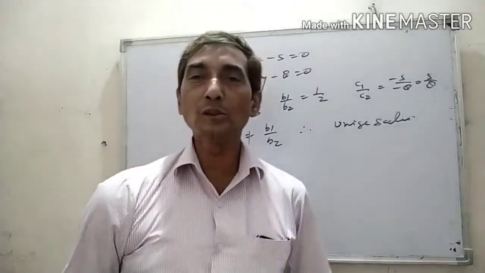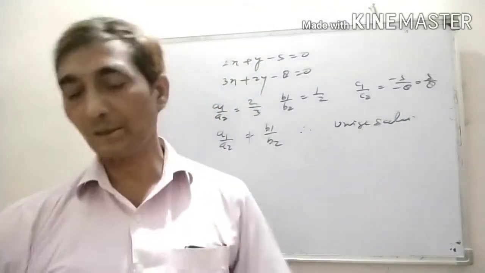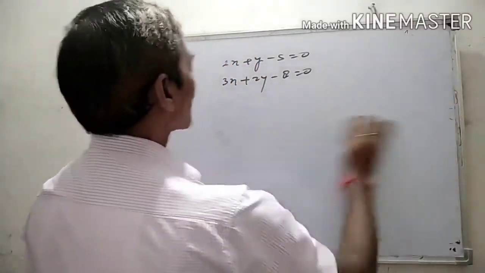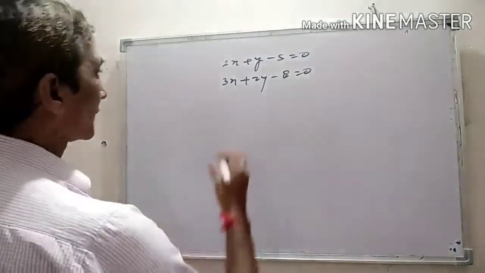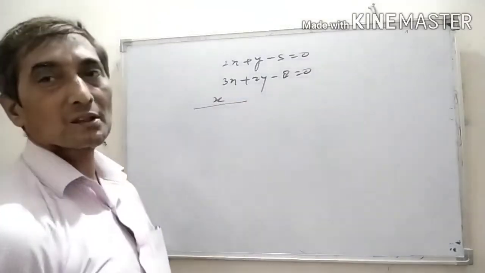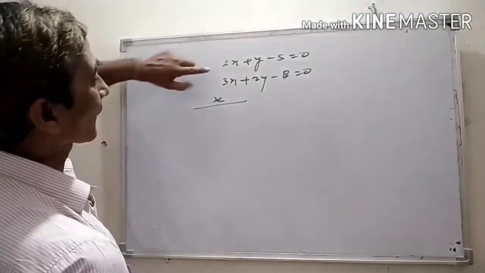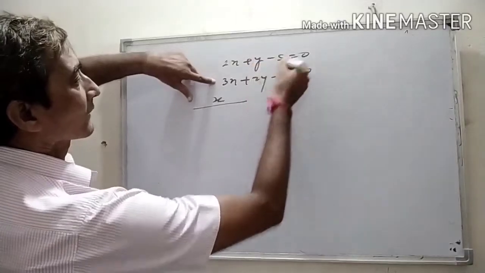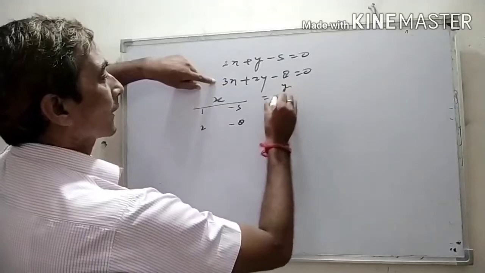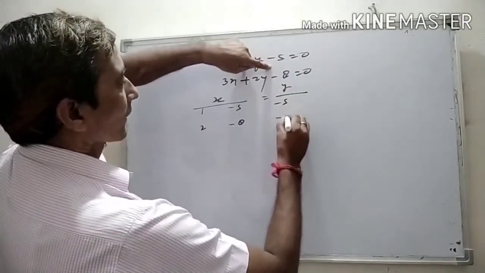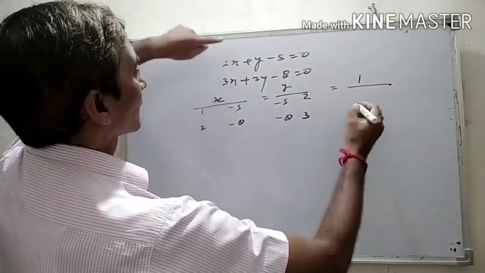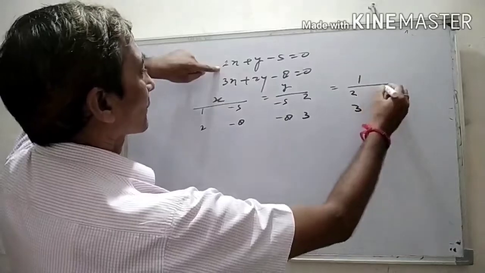Now, I am going to solve this linear equation by the cross multiplication method. By cross multiplication, we adopt a relation between the coefficients of x and y: x upon the coefficient of y and constant, 1, 2, minus 5, minus 8. y upon constant and coefficient of x, 1 upon 2, 3, 1, 2.